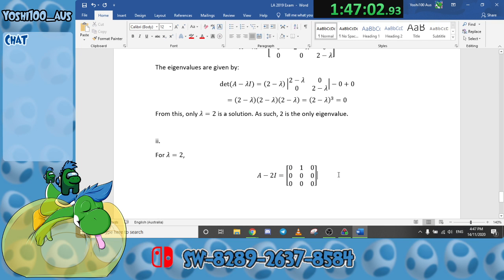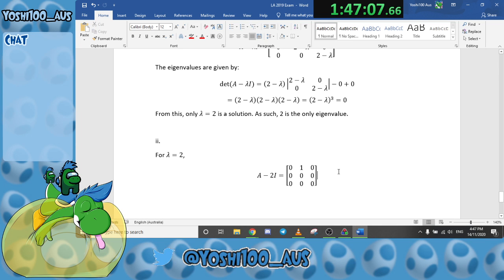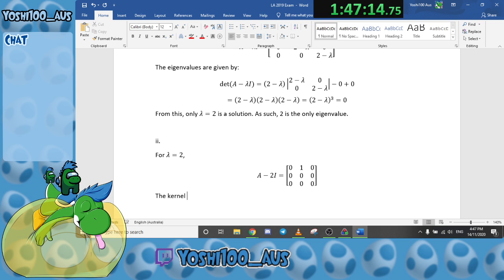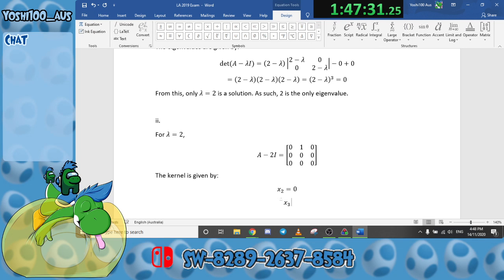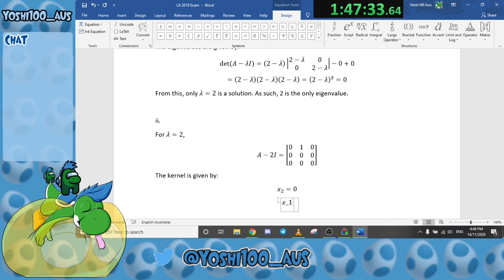Right, and then the kernel is given by x2 equals 0, x3, x1 is equal to t.